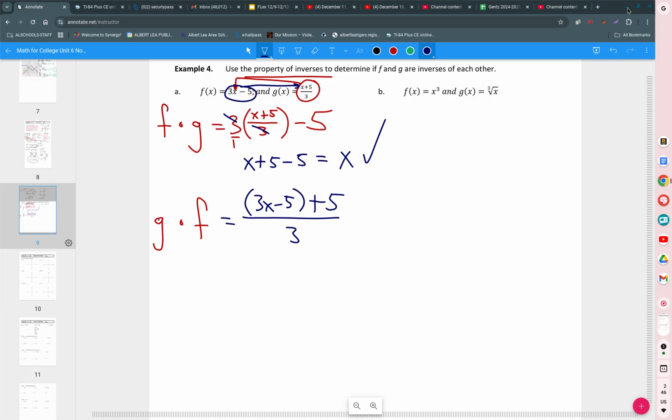Notice in the first one, I eliminated the 3's right away, and then I was able to eliminate the 5's. Here, I can't cancel the 3's right away. I first must reduce the 5's. A negative 5 and a positive 5 will make 0. So this makes 3x over 3. And 3x divided by 3 is just x. So because they both produced x, they are inverses of each other.